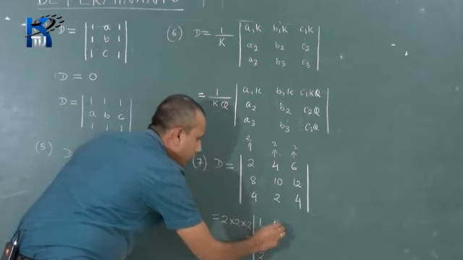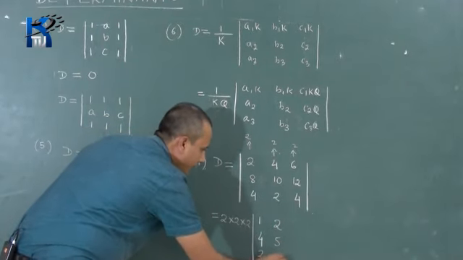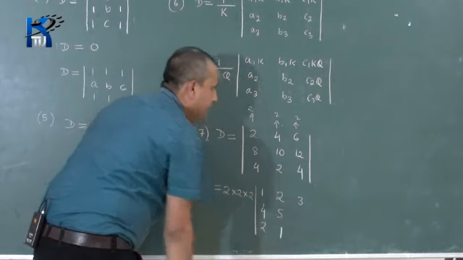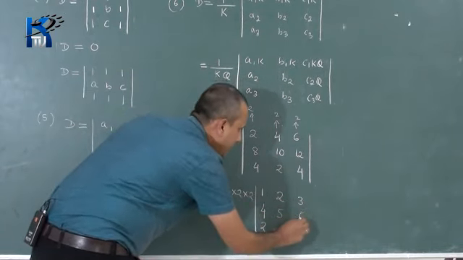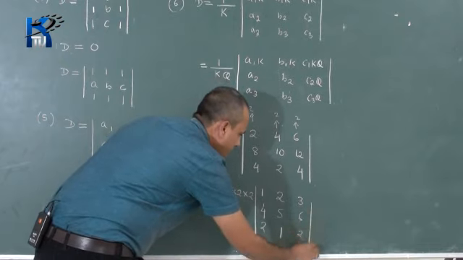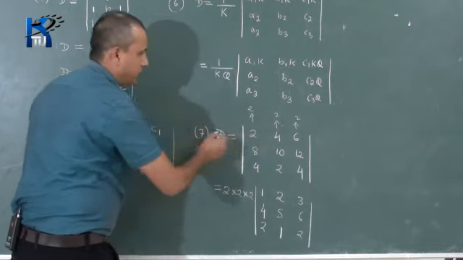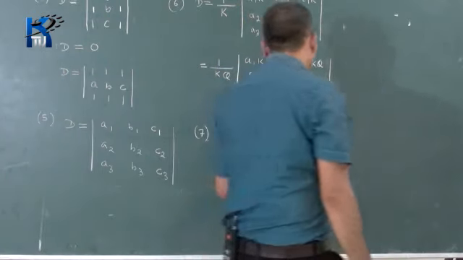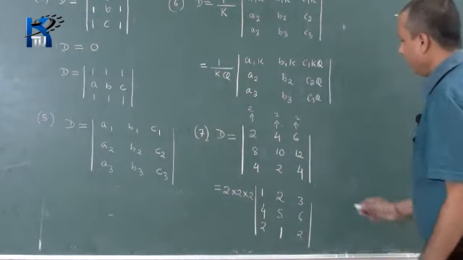This one will be 2, 5, 1, and this is 3, 6, 2. Or you can take common this way also from the rows. Common can be taken out from a single row or from a single column.